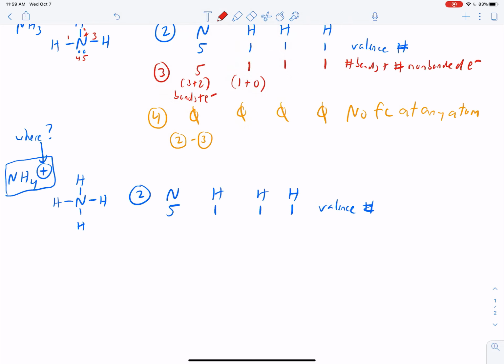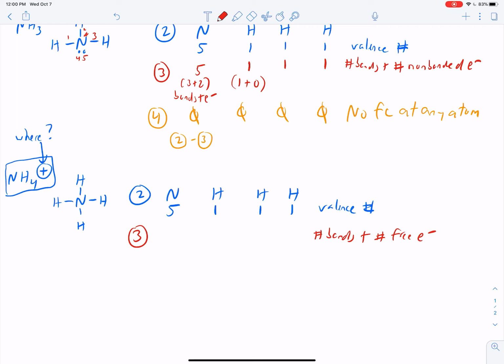It's when we go to step 3, when we add up the number of bonds plus non-bonded electrons, that we see some changes between NH3 and NH4 plus. All right, I'm now writing this as number of bonds plus number of non-bonded electrons.